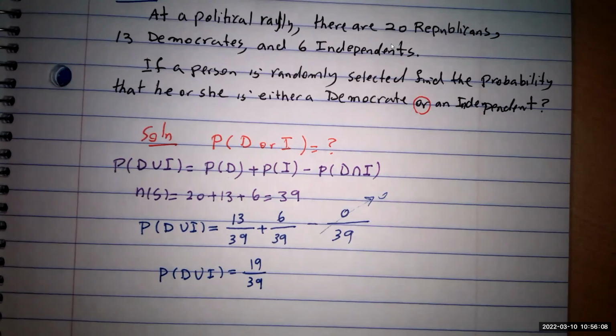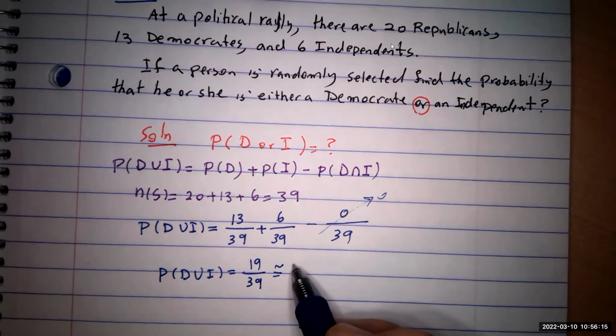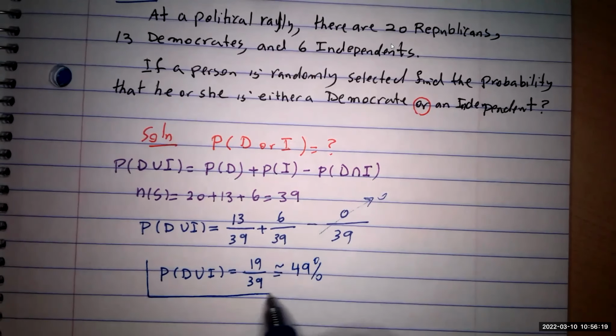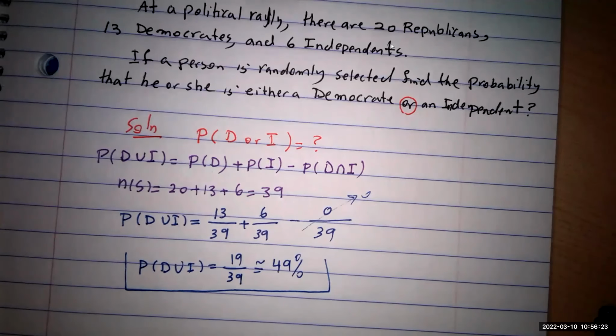We accept this one if you give us a percent, but in percent, this is going to be something like 49%. So if you pick one person out, there is a 49% chance that that person is going to be either a Democrat or an independent. Okay, so this is the way you are going to handle this problem of the OR connection.